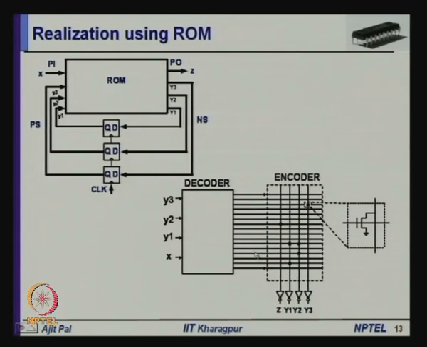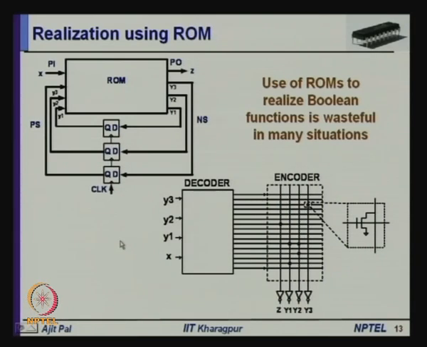Whenever you realize a finite state machine with the help of a ROM, one very important point you will notice is that use of ROMs to realize Boolean function is wasteful in many situations. Why is it wasteful? When the number of input variables is very large, the total number of combinations is very large.